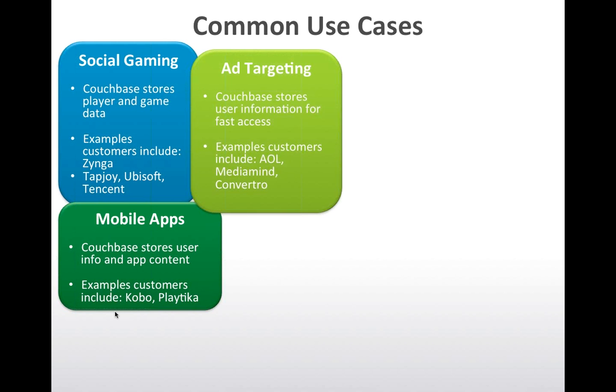Ad targeting, and this is very simple to understand. A very large volume of data. You have billions of users, billions of profiles, and many campaigns on ad banners or videos you want to expose on a website.